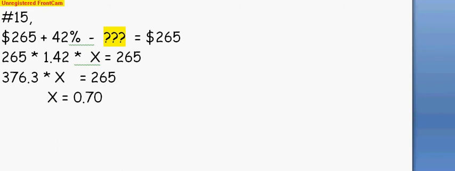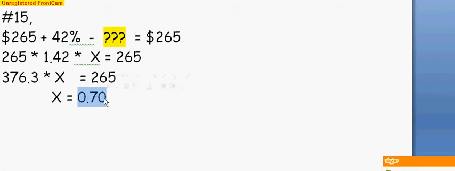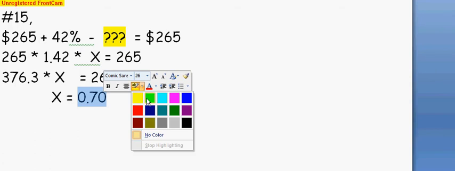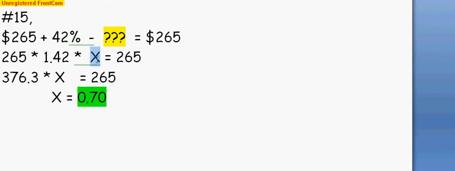So this means that this guy goes right here. That means that we multiply by 0.70.